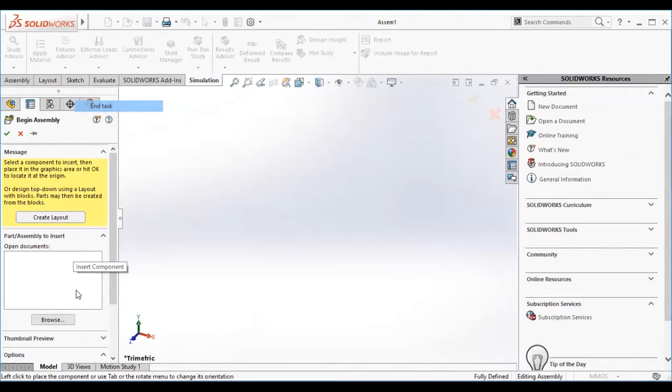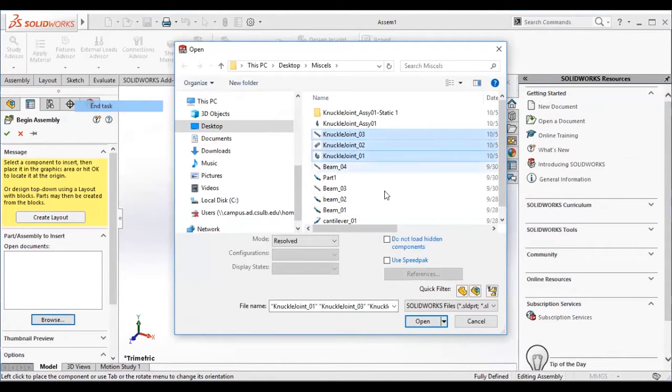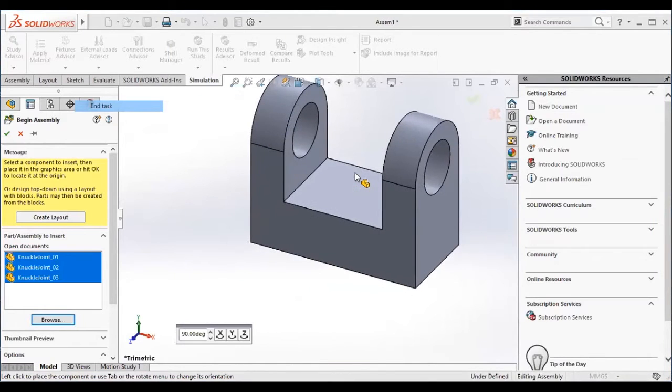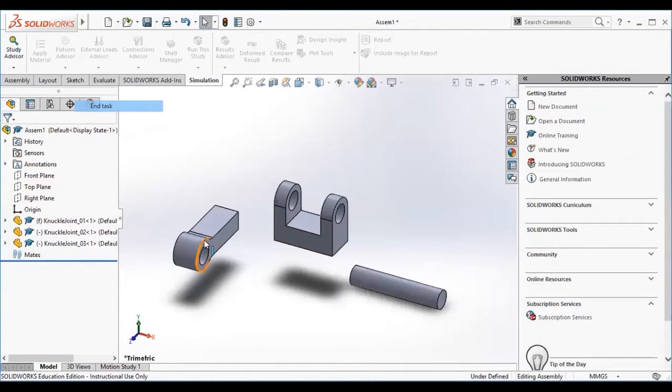So it asks for the parts that need to be assembled. I will open all the parts that I'm going to use. These parts are simulating a knuckle joint. A knuckle joint has a fork, an eye, and a pin.